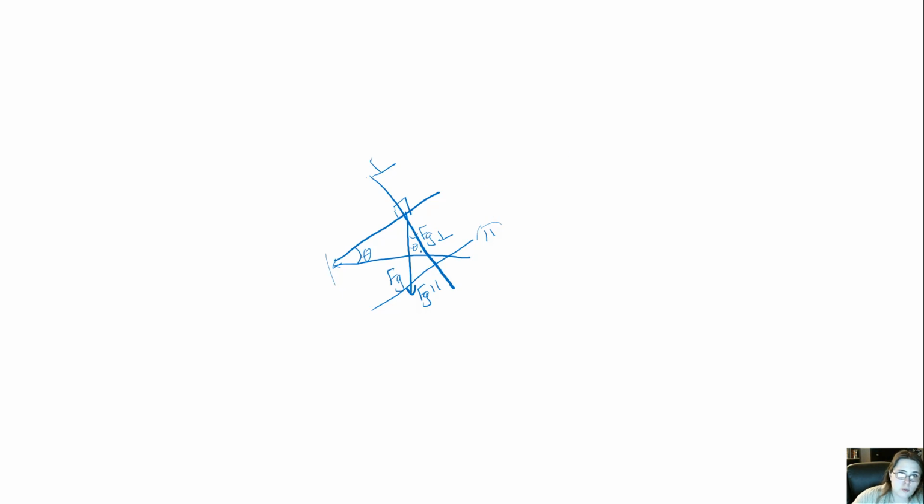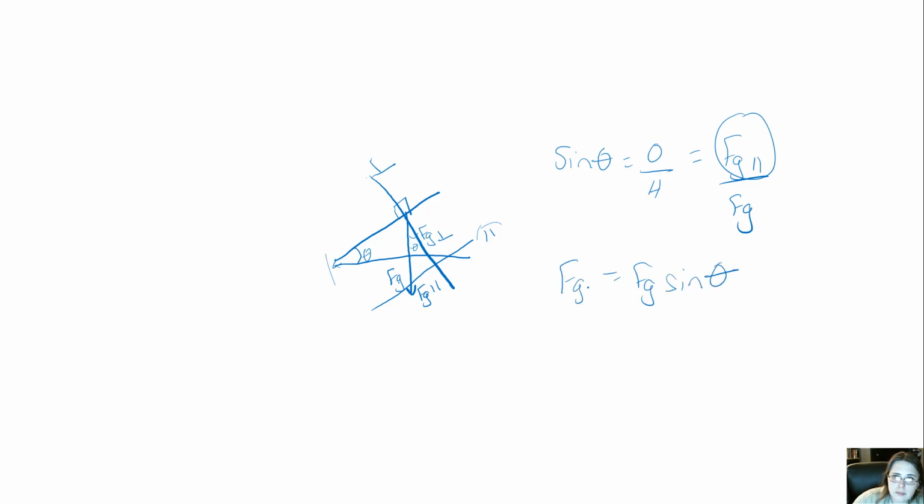So now we're just trying to find the components. So we can say that sine of theta is equal to opposite over hypotenuse, and that is going to be the force due to gravity parallel over the force due to gravity. And then we can solve for the force due to gravity parallel, so we get force due to gravity times sine theta is equal to the force due to gravity parallel. Okay? So if you look at this, this one refers to this here.